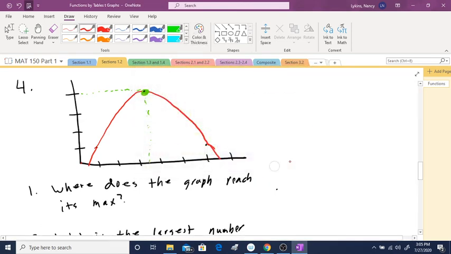Okay? Now, my x runs along the bottom. My y is a vertical line, top to bottom. So my x value, in this case, I'm going to say 1, 2, 3, and it's pretty much in the middle, so I'm going to say 3.5. My y, in this case, maybe it's 1, 2, 3, 4, so y is 4.